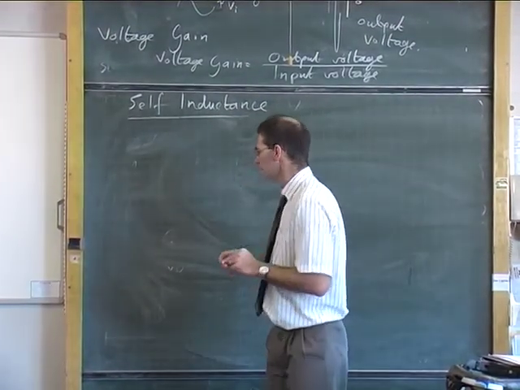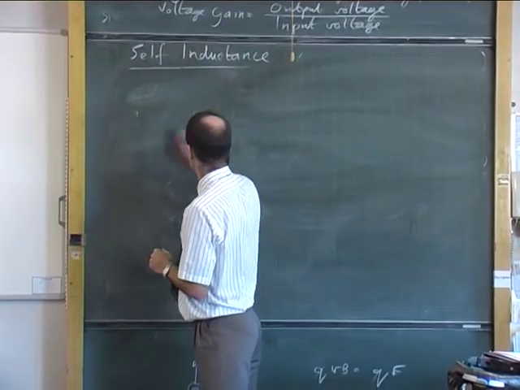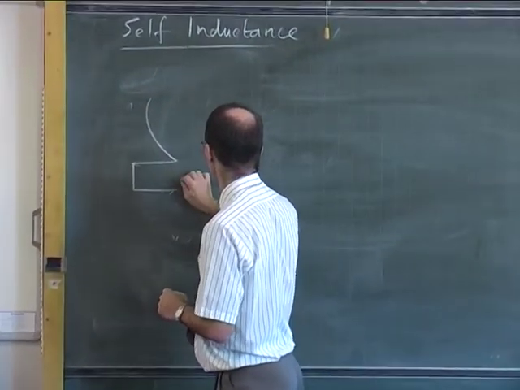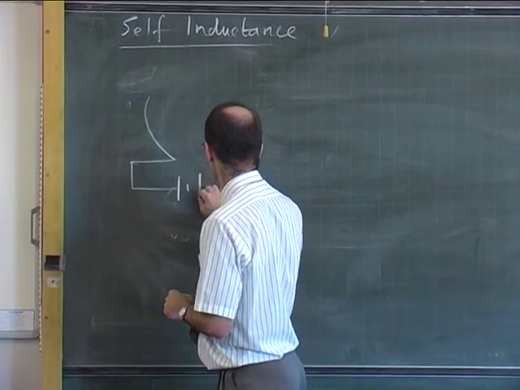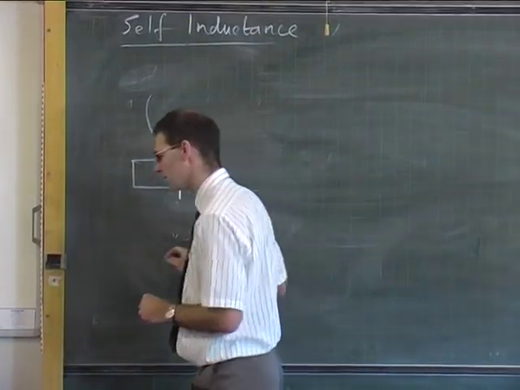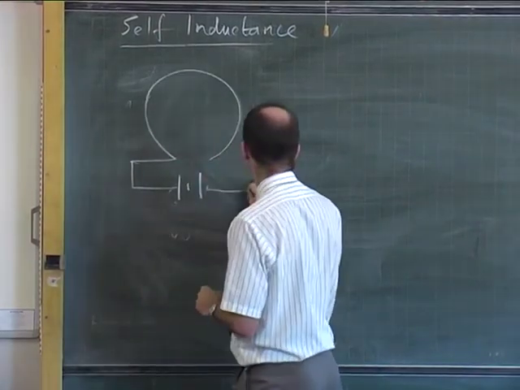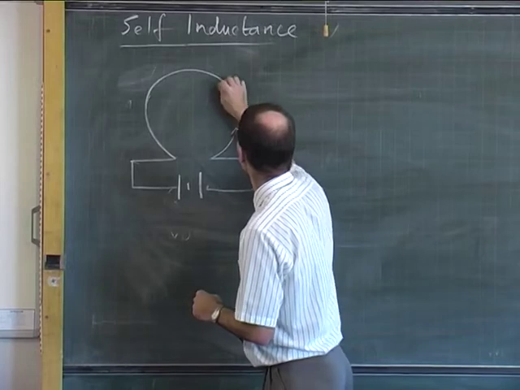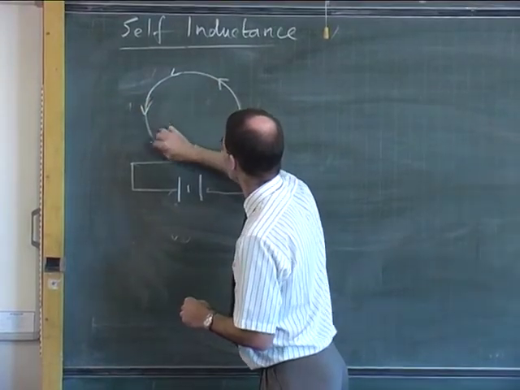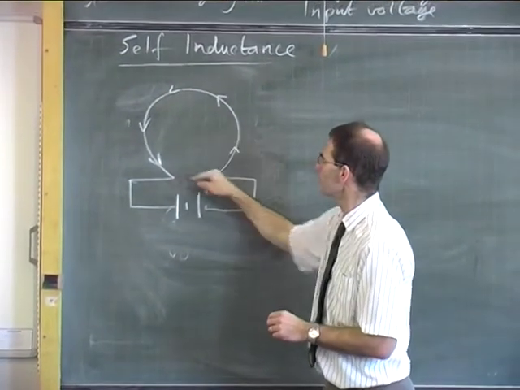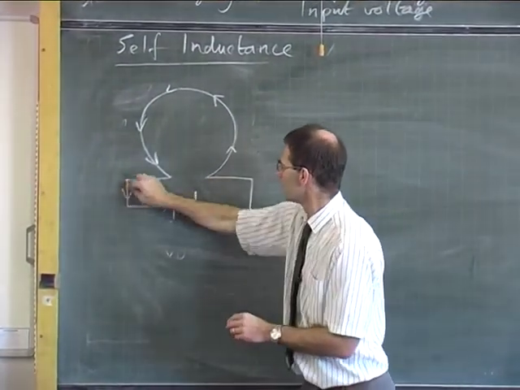So the way that it works is if you draw out a circuit that's coming from the power supply here, and we're taking the current from here round a coil of wire like that. So you can imagine it going round and round and then back like that.